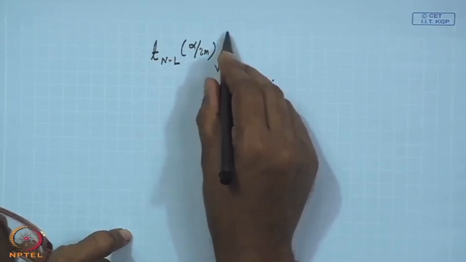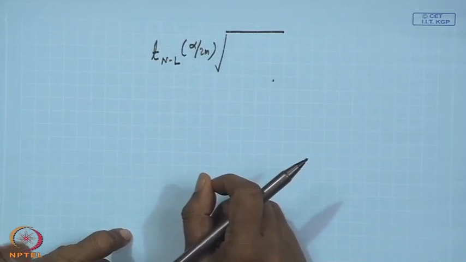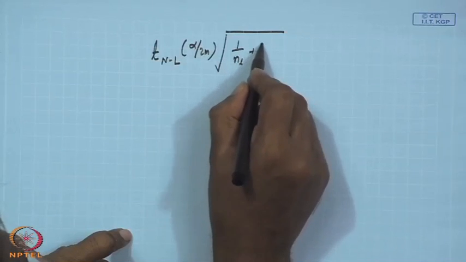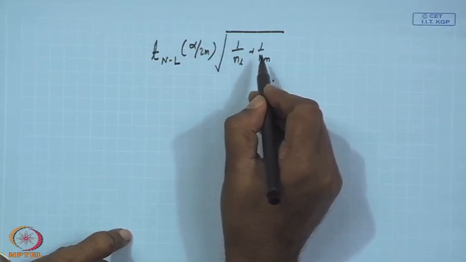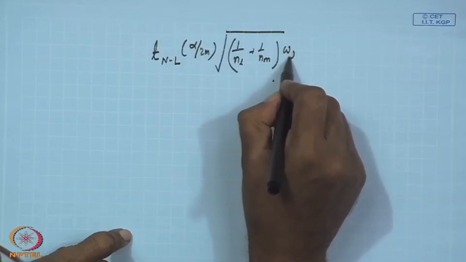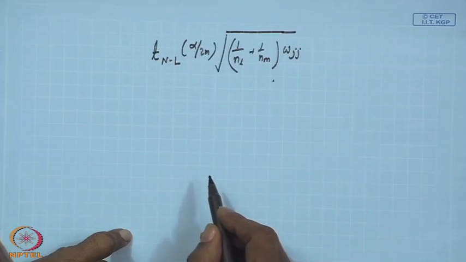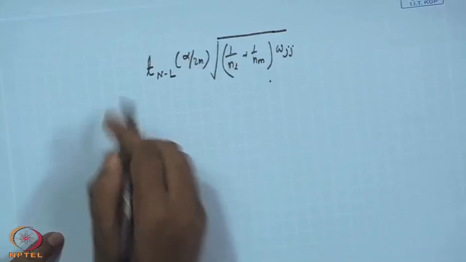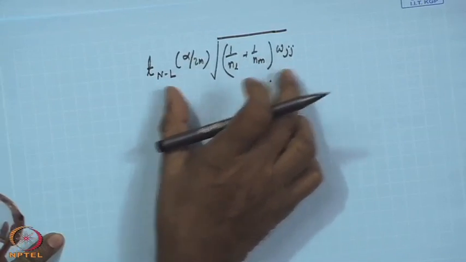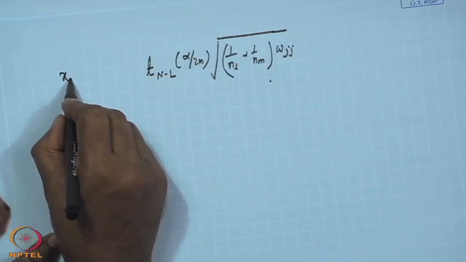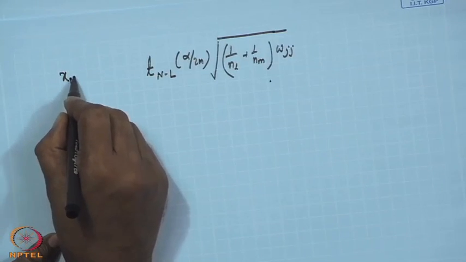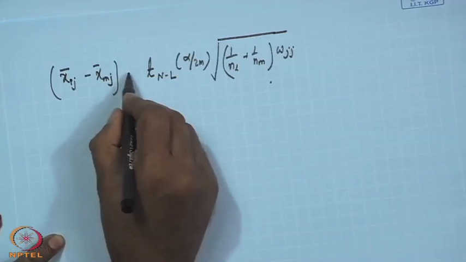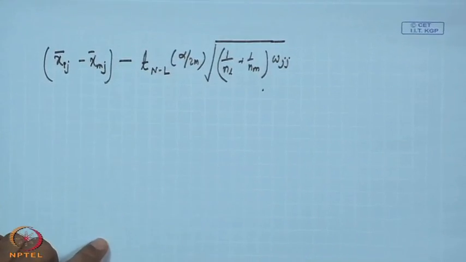And you are also multiplying this with the variability component. What is this variability component? 1 by nL plus 1 by nm into Wjj. This portion will be subtracted from x Lj bar minus x mj bar, this minus this.